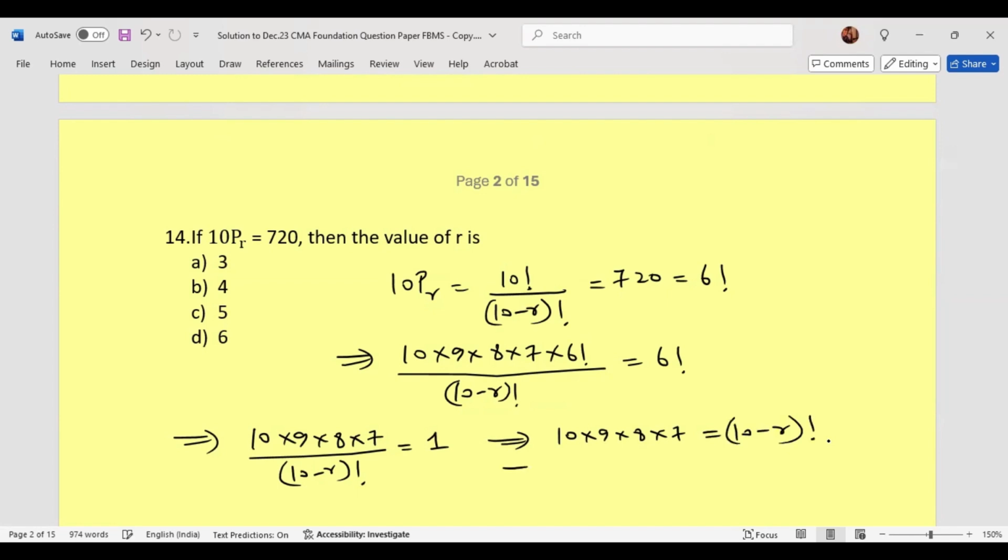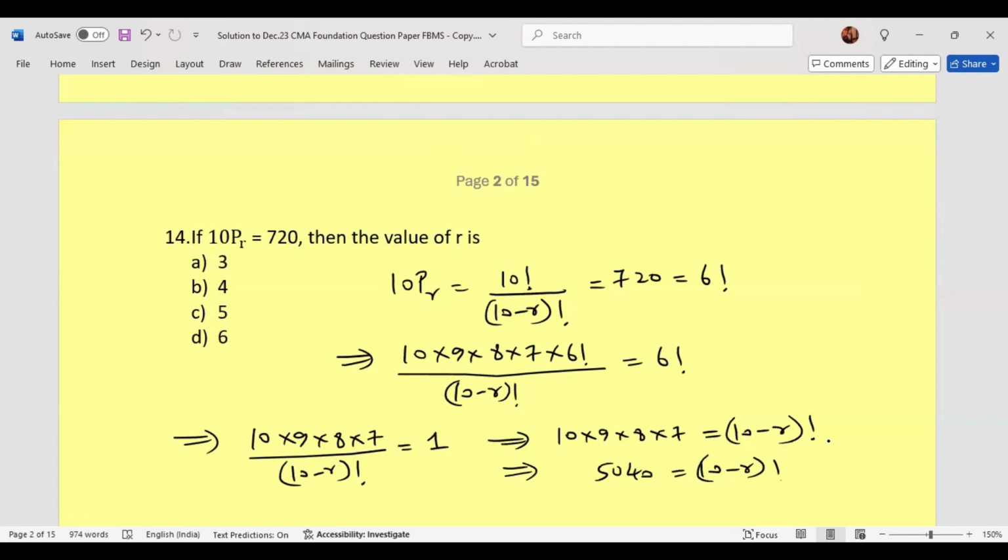Now, what is the left-hand side? If we multiply 10 into 9, 90, 90 into 8 is 720, 720 into 7, we get 5040. 5040 is equal to 10 minus R, the factorial.